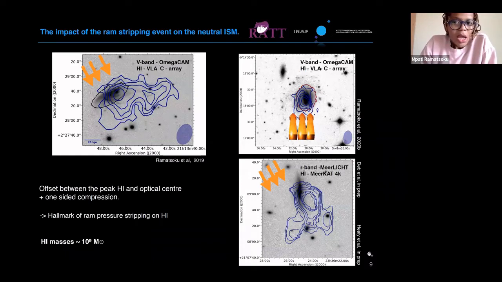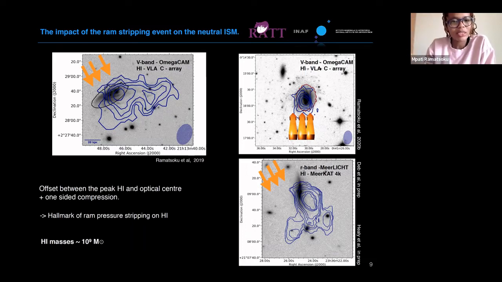And so what we're seeing in all of these cases is that there's an offset between the peak H1 and the optical center, as well as a one-sided compression. If you're looking at an image where H1 contours have been overlaid over an optical image, and you see a one-sided compression and an offset between the peak H1 and the optical center, right away, those are the hallmarks of RAM pressure stripping.